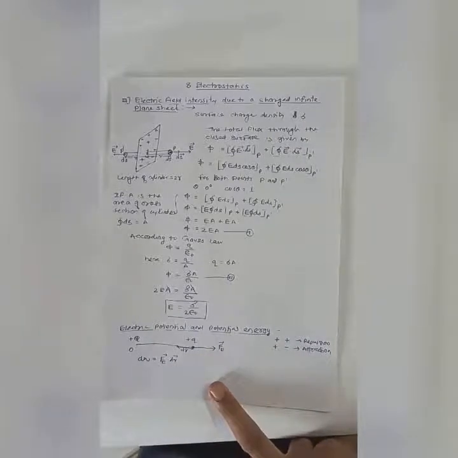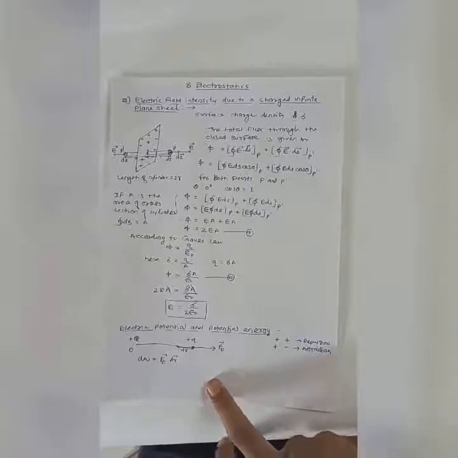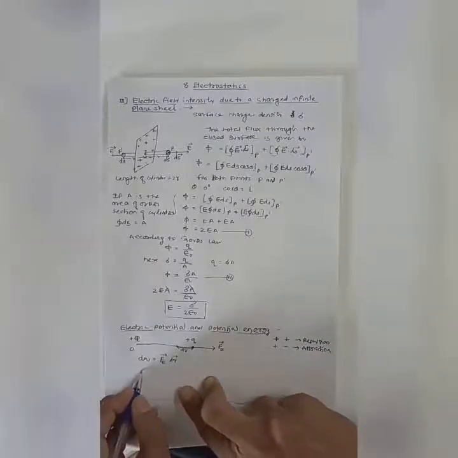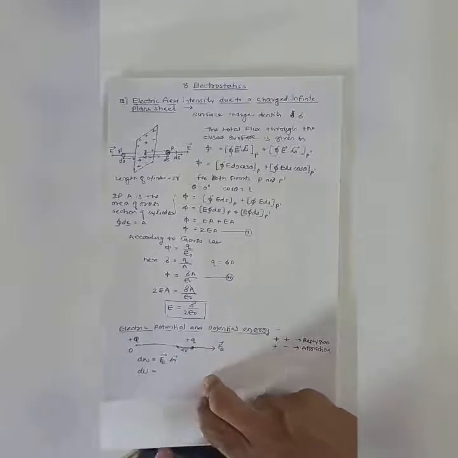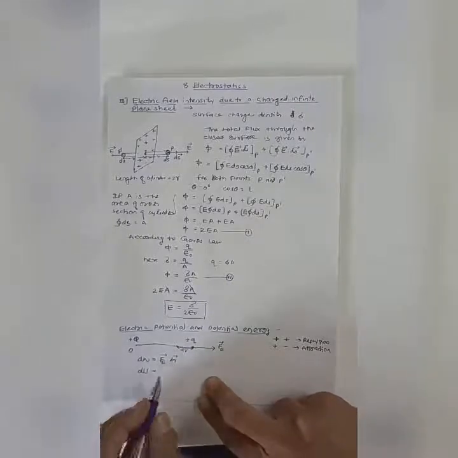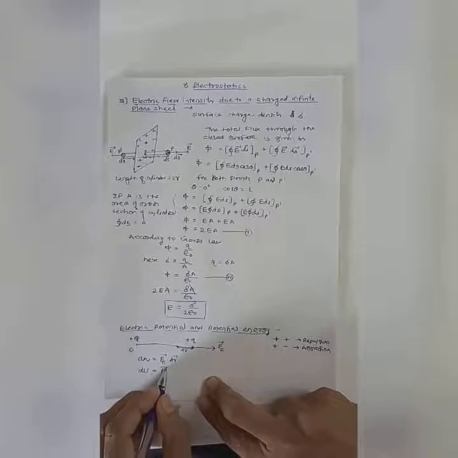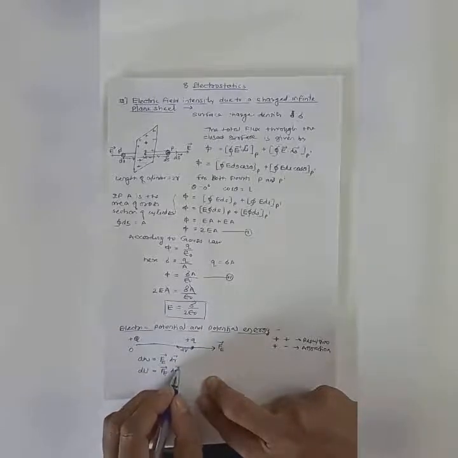This work is measured in the form of increase in potential energy, say dU. So this increase in potential energy is also equal to Fe dot vector dr.